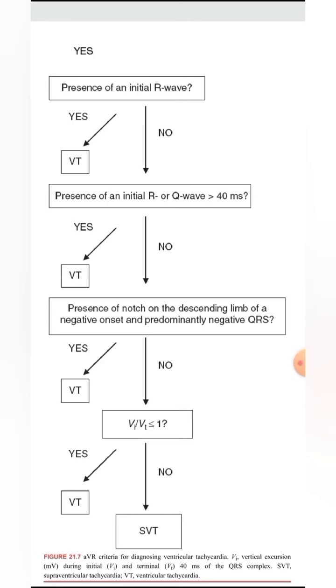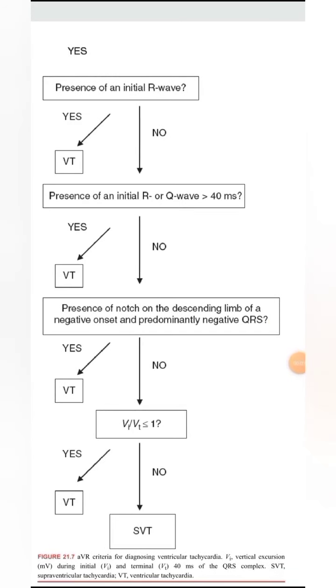If it's present, then it's ventricular tachycardia. If it's not, then we look at the vertical excursion of the initial and the terminal portion of the QRS complex, and if the ratio of initial to terminal vertical excursion is less than 1, it's labeled as ventricular tachycardia. If it's not, then most probably the diagnosis moves towards SVT.